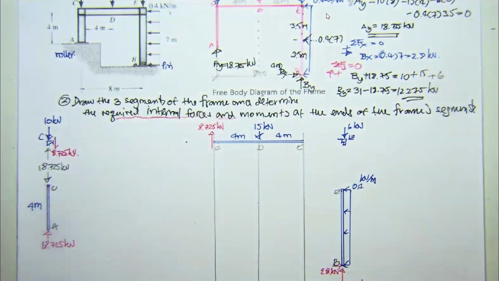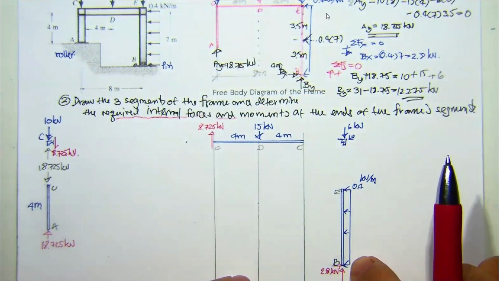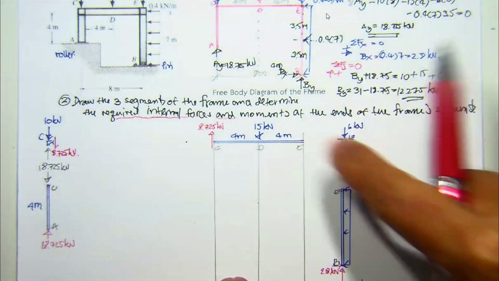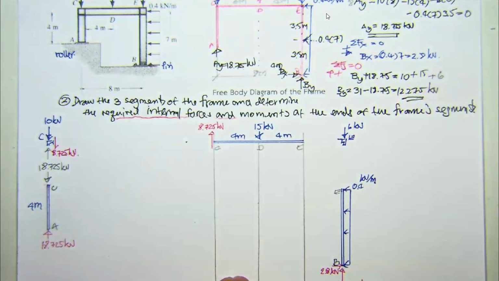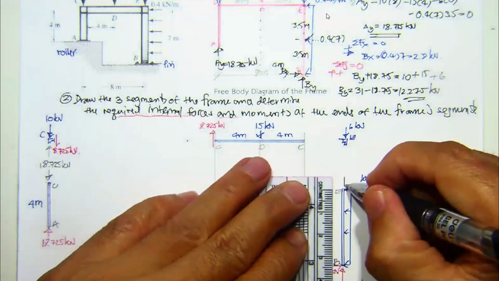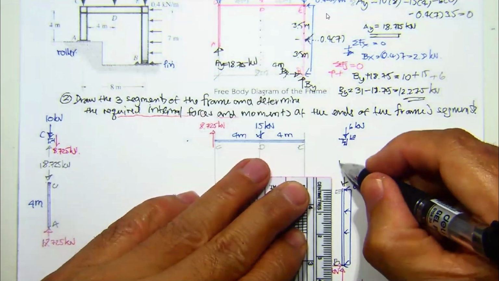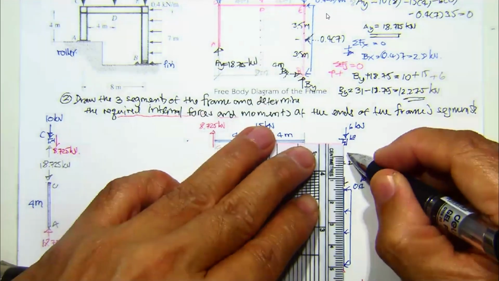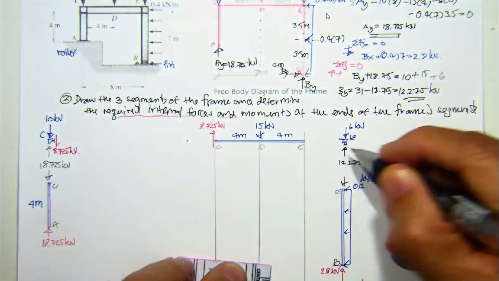Now, we may go to the column over here, or you may select this one. It's up to you. For this one, again, you should have the force 12.275 kilonewton, and then it's gonna act upward.